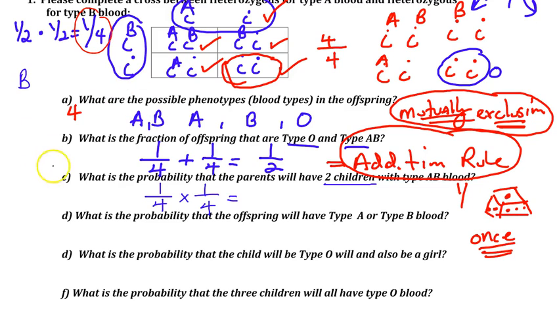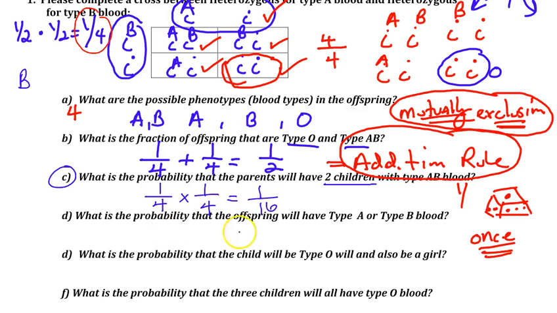Now the dice that I have is a four-sided object where four things can happen, so it's 1 out of 4 possibilities right here. So it's 1/4 times 1/4, which is a 1/16th chance that I can have two children with AB blood given these two parents, with two different rolls. These are independent events.